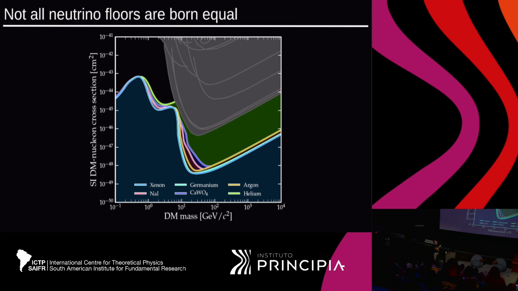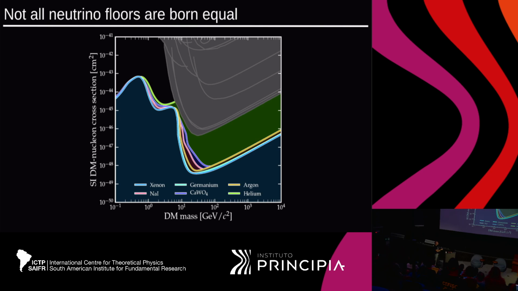This is translated into dark matter and nucleon cross-section, but the coherent cross-section from a neutrino will be different depending on the target. So here, what you have is a very nice paper produced by Xenon, in which they plot the different neutrino floors that you expect for different experiments using different target materials.